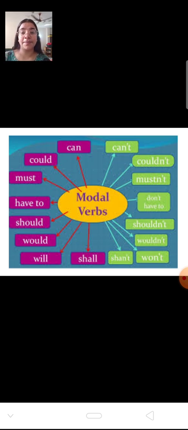If I'm saying that you should do this thing, that means I'm advising someone that you should do this thing. Then I can also use should in a negative form: you should not do this thing. So modals are used as positive and also in a negative way. That means not is also applied to the modals, and they also come in the category of modals.